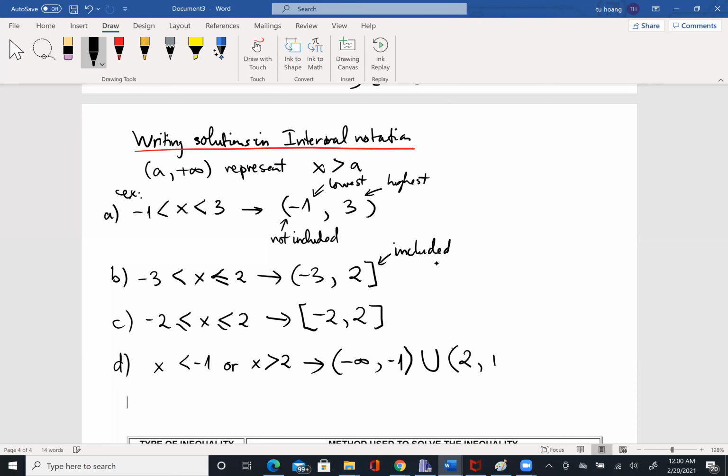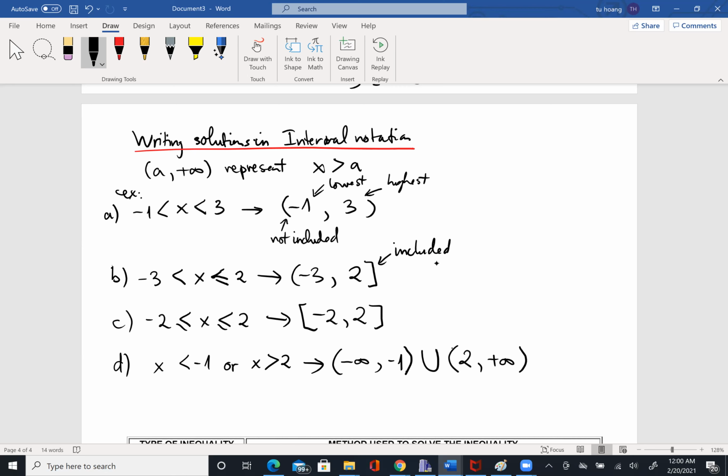And then go to positive infinity, and not included because positive infinity should always be not included. Okay, I think that's all I need to show you for interval notation.